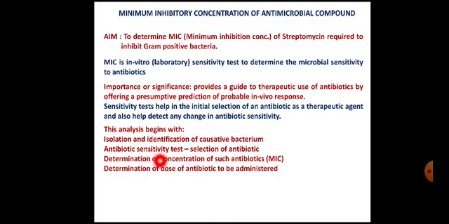The third is to determine the concentration of such antibiotic, that is MIC. And the fourth is determination of the dose of antibiotic to be administered. It may be given orally, intramuscularly, or intravenously.